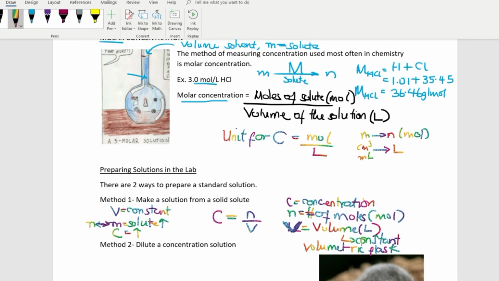And take note that sometimes if you're given milliliters, to convert from milliliters to liters, we need to know our conversion rate, which is 1000 milliliters makes 1 liter. This is just for future examples.